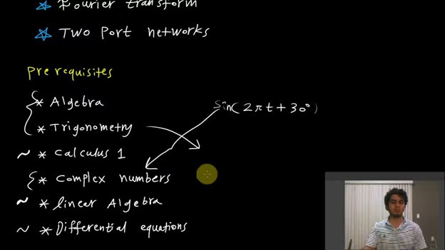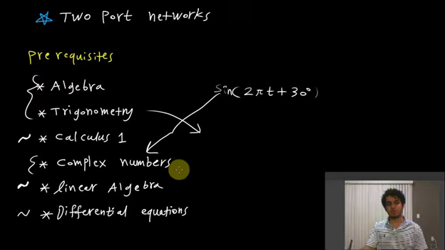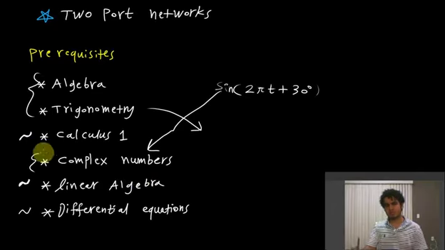And you should be comfortable going between said forms. That's going to be of enormous help because it's efficient, it saves us time, and it's just a very useful concept to know. Then there's linear algebra, and the squiggly lines mean you don't have to know all of it, just be proficient in the basics of it.